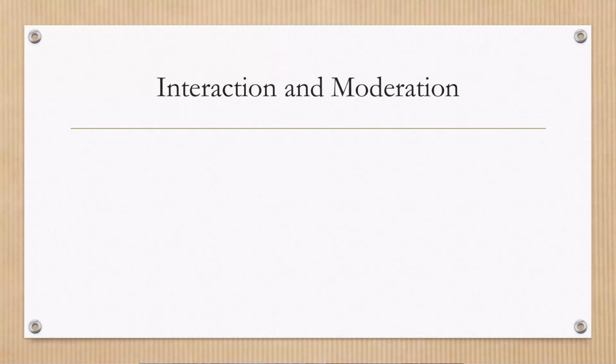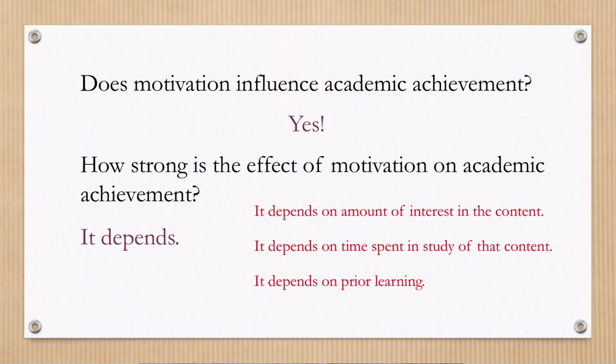So going back to the examples, when we said it depends on the amount of interest in the content, the question was, how strong is the effect of motivation on academic achievement? And so when we say it depends on amount of interest in the content, we are saying that amount of interest, which becomes one explanatory variable, is interacting with our primary explanatory variable of interest, which is motivation.